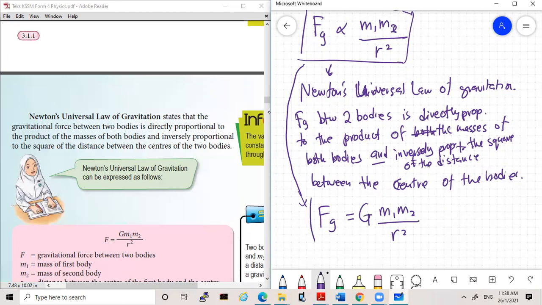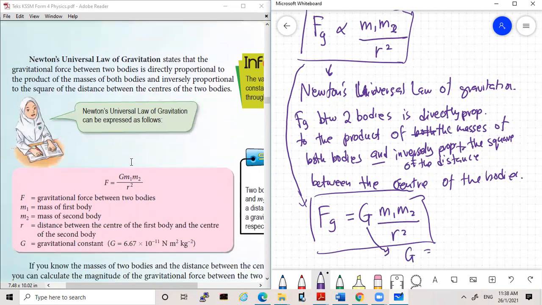For gravitation, the constant that we use is G. What is capital G? It is the gravitational constant.